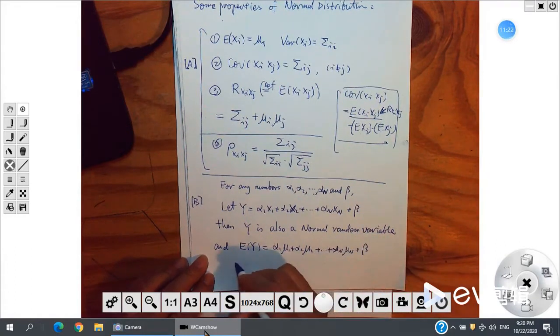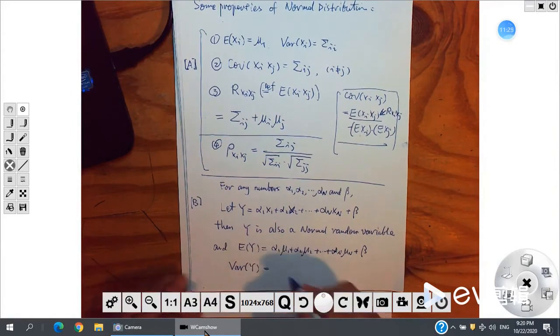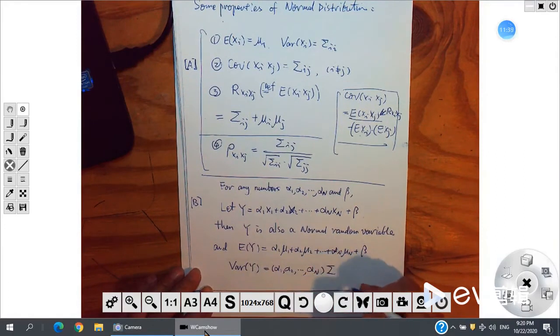And the variance of y, we need to write this way: alpha 1, alpha 2 until alpha n, this is a row vector, times sigma, this is a square matrix, and times a column vector, alpha 1, alpha 2 until alpha n, equal to this.